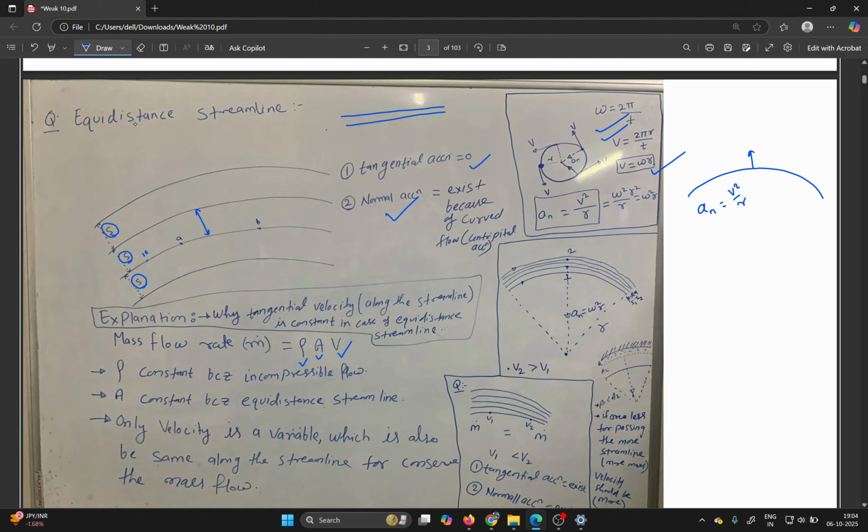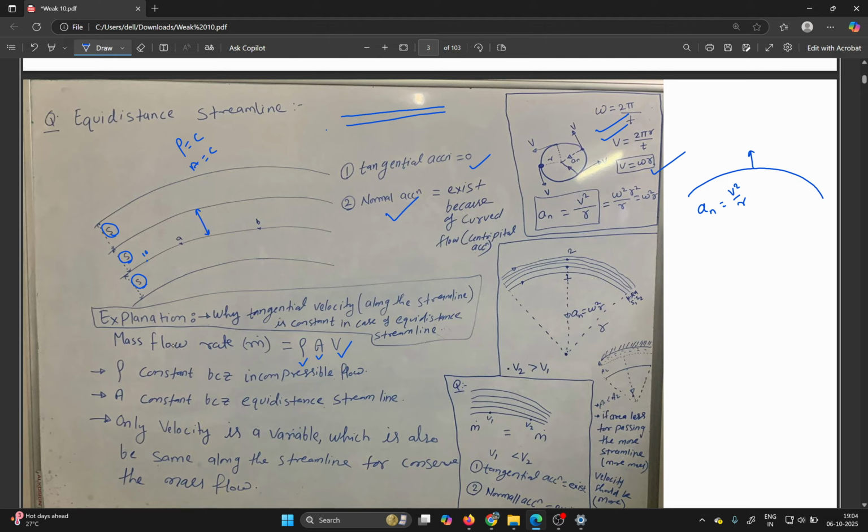If the streamline is equidistant, it means what? And the flow is incompressible. In this question we have the assumption that the flow is incompressible, right? So if the flow is incompressible, rho will be constant, and area also will be constant, because the distance S between two streamlines is constant. Now the only thing remaining is velocity.